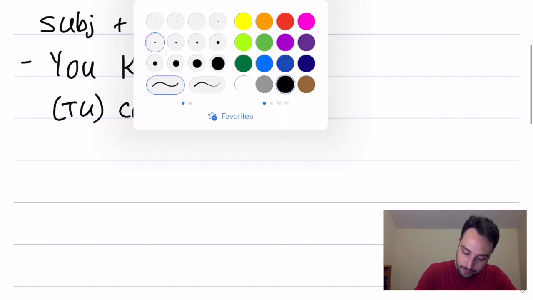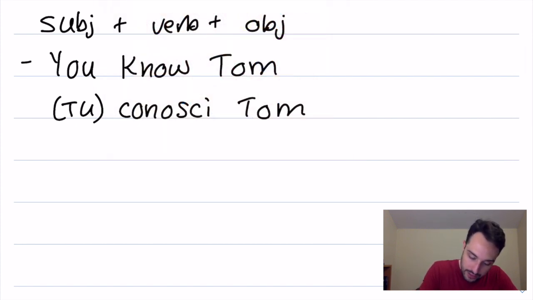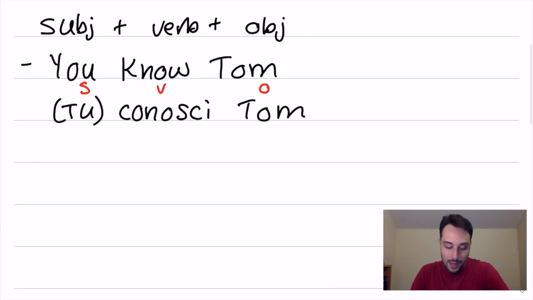So we have here the subject, the verb, the object. Now you could say that because we don't need the subject pronoun, the subject and the verb are one in Italian, which is true, because conosci is the only conjugated form for tu, so we always know who you're talking about. But just for the sake of lining everything up nicely with English and Italian, we've got this. So you know Tom, conosci Tom.